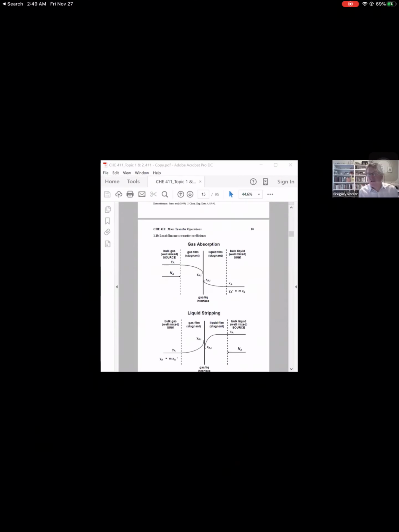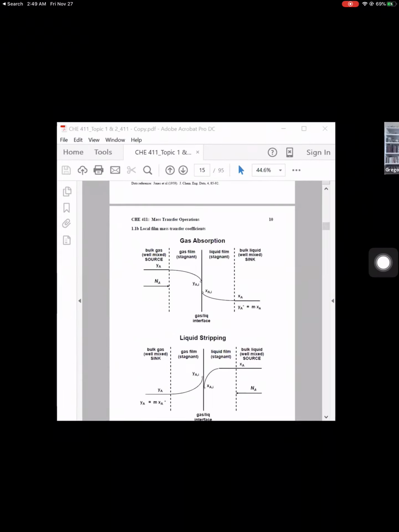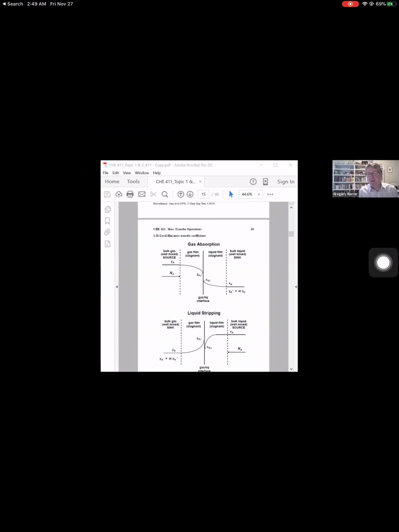And the film mass coefficient will be KY. And then on the liquid side, the driving force will pick up from the liquid side and go from XAI to XA. And in that case, the driving force will be defined by XA minus XAI, and that driving force multiplied by the mass transfer coefficient K sub little x gives you the same flux.